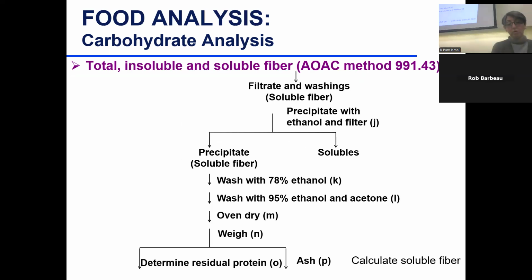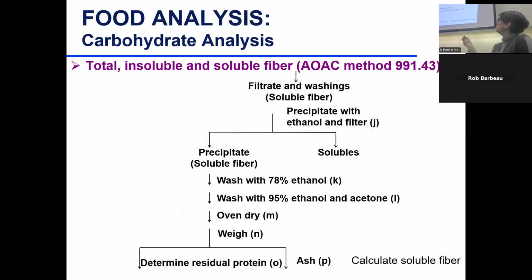Now the soluble fraction, this has soluble fiber, it has all of your amino acids and peptides and glucose and other solubles. So I separate my soluble fiber by taking that soluble fraction and adding to it the ethanol and then separating the precipitate from the soluble.